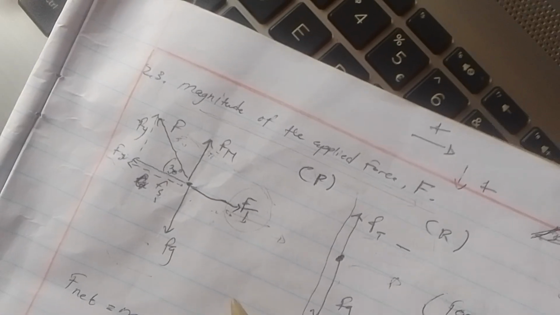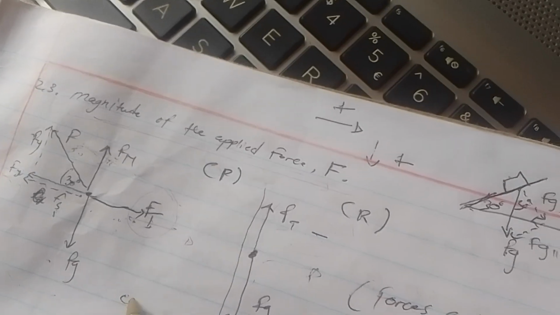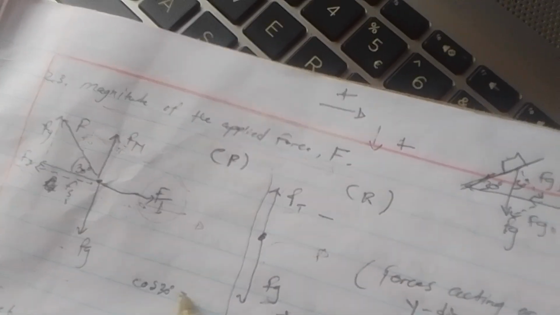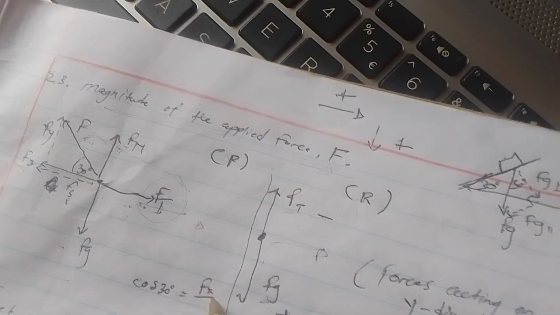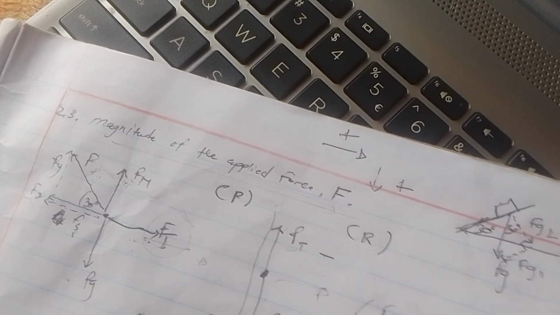There's no need for me to write F cos θ is equal to Fx. Let's look at this. Fx is our adjacent, and the trigonometric ratio will be cos 30, which is equal to Fx over F, our hypotenuse. It's adjacent over hypotenuse.